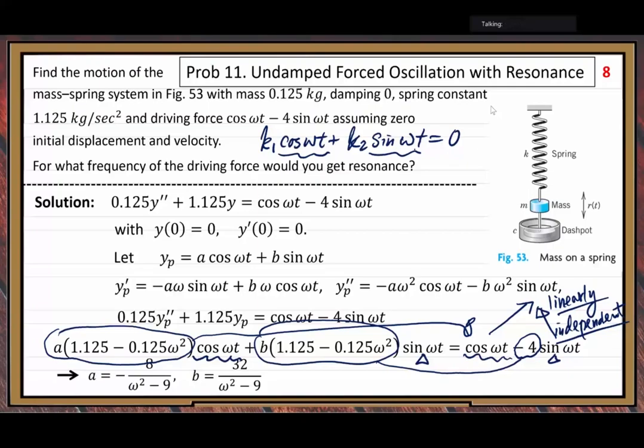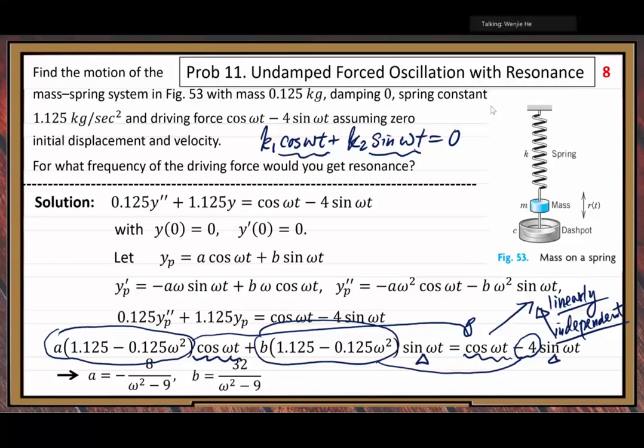Based on that, we get two equations. Solving those two equations, the first undetermined coefficient, little a, equals this expression, and B equals that expression. Based on the form of A and B, what conclusion do you have?